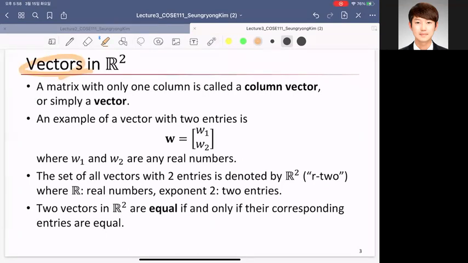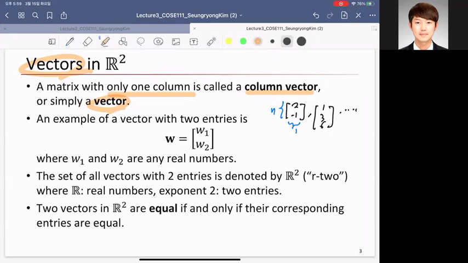A matrix with only one column is called a column vector, or just a vector. For example, (2, -1) or (1, 3, 6). These kinds of representations are called vectors. So it is an n by 1 matrix.